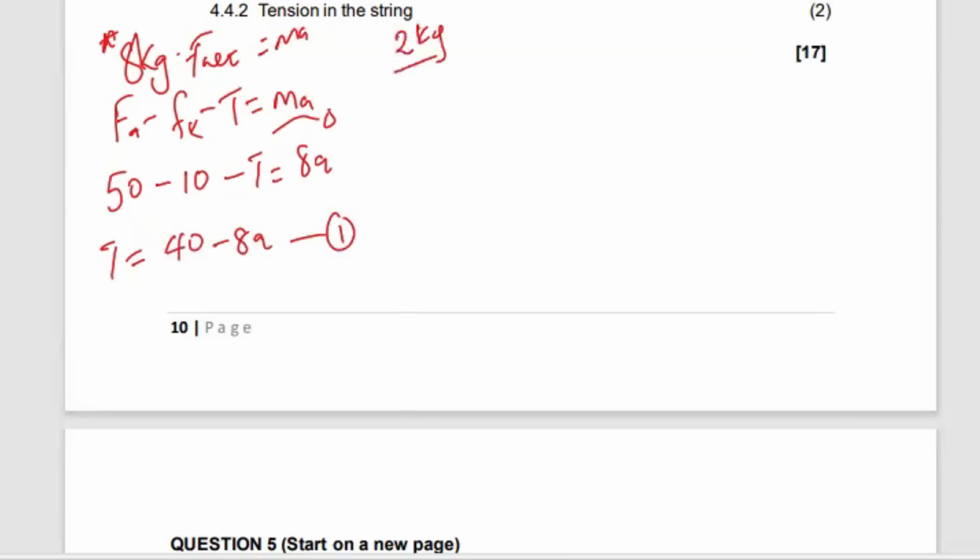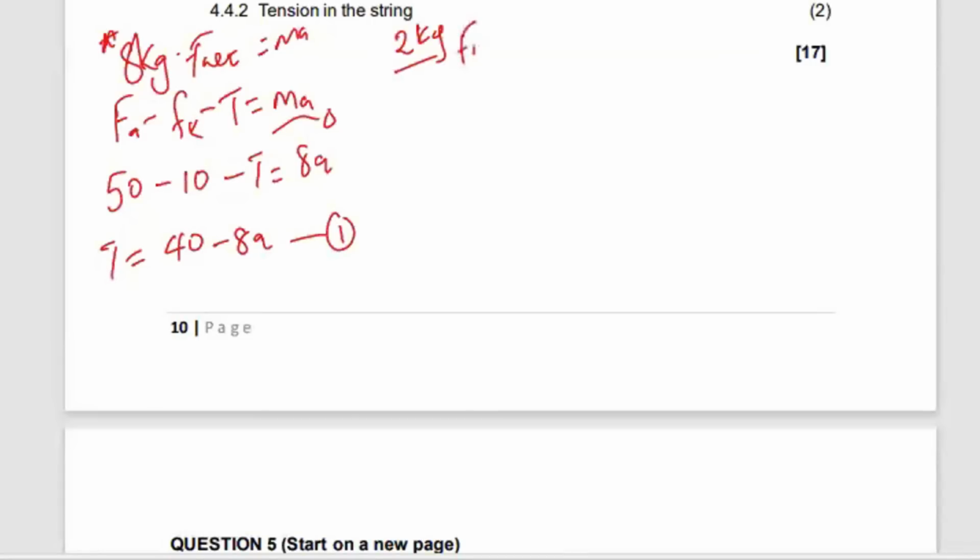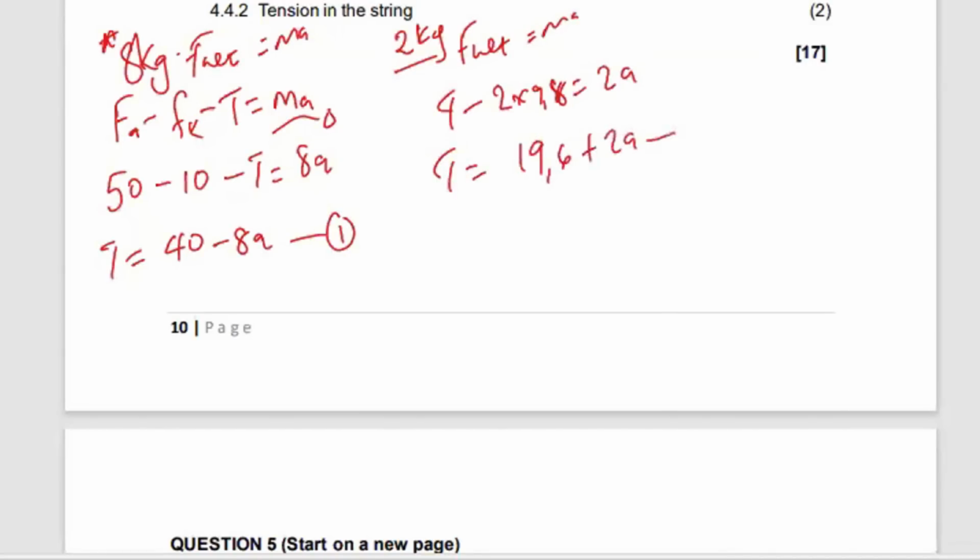Then for the 2 kg, the tension is still bigger. So F net is equal to ma: tension minus the weight, which is 2 times 9.8, should give me 2a. Move the T that side, so T is 19.6 plus 2a. Let me call that equation number 2.